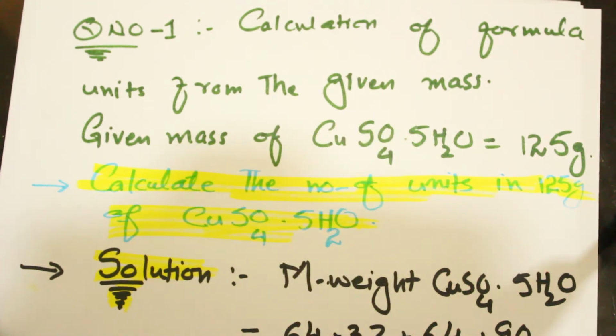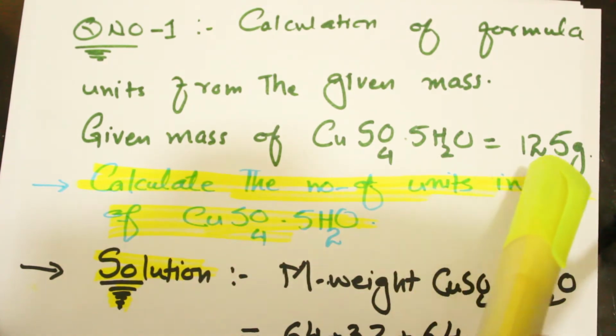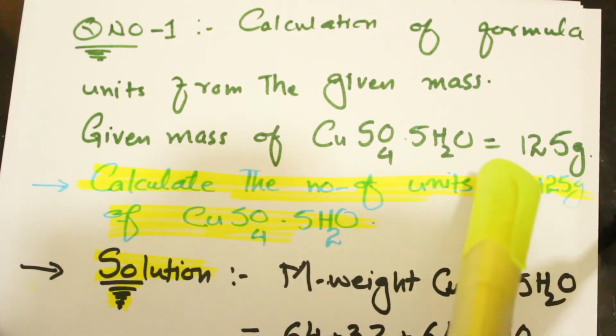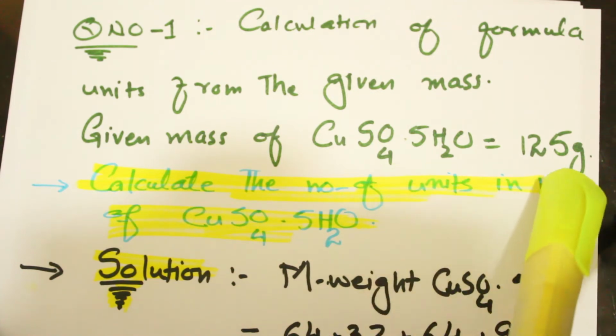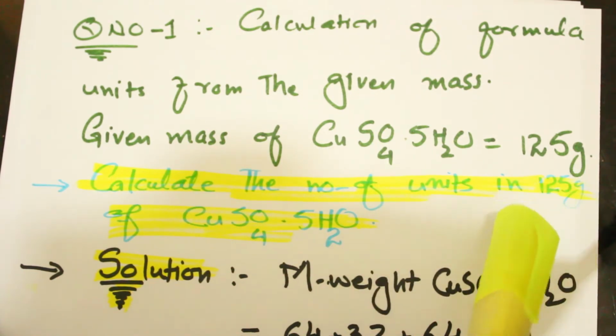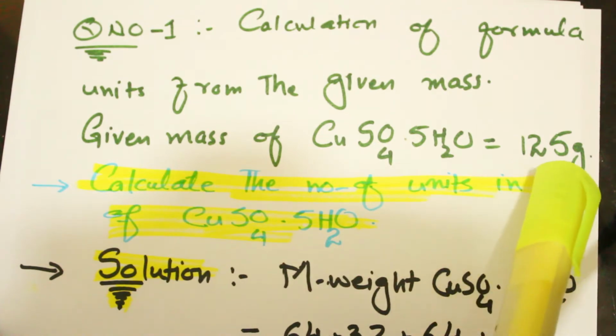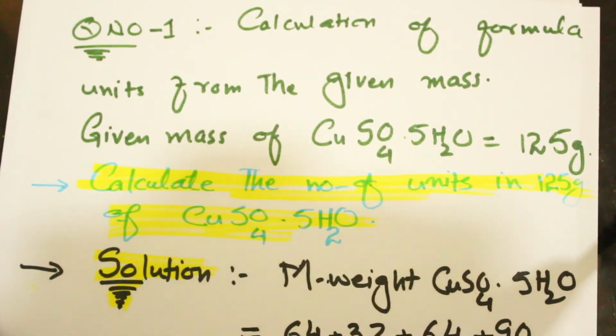We are given the mass of hydrated copper sulfate, which is 125 grams. Now the question is, how many formula units are there in 125 grams of copper sulfate?